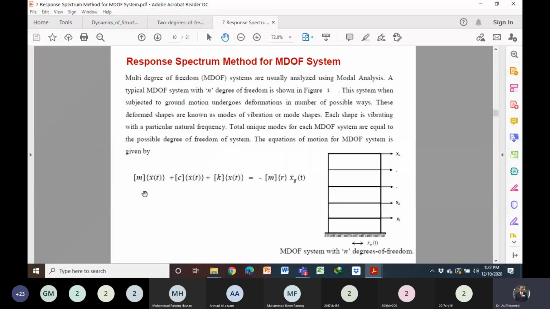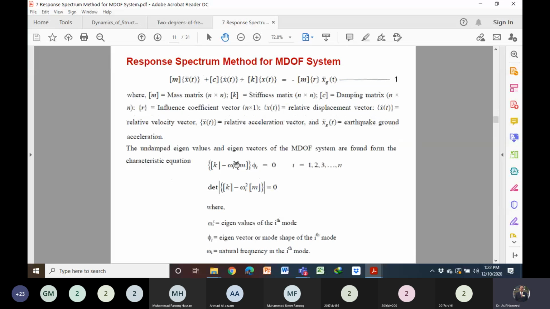Anyhow, this is the equation of motion. Next step. What are the different terms here? Mass matrix, acceleration vector, damping matrix, velocity vector, stiffness matrix, displacement vector. On the right hand side, we have this additional vector, that is the influence coefficient vector.